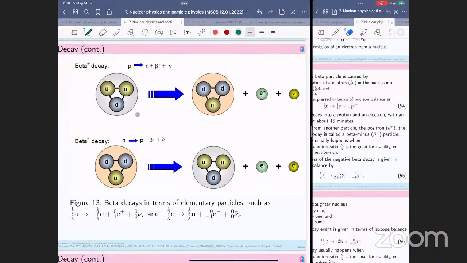At the elementary level, you have a quark here converted to another quark. You know the up quark has only 2 by 3 charge of a proton, and it corresponds to 1 by 3 mass of the nucleon, right?